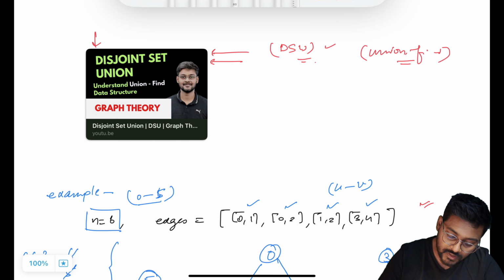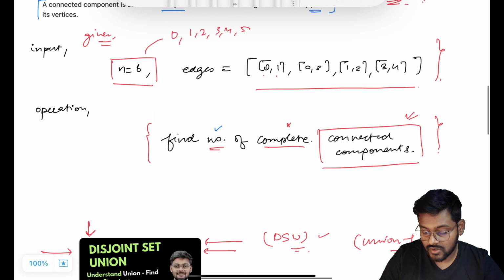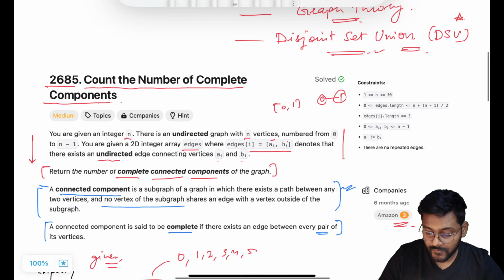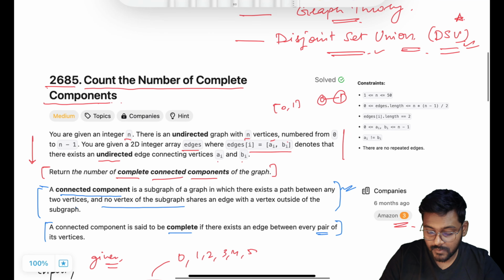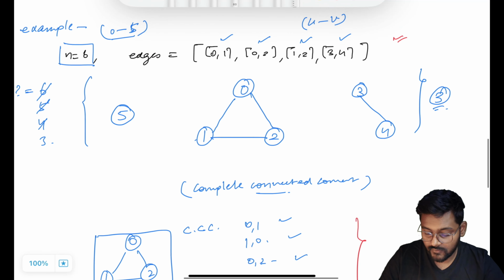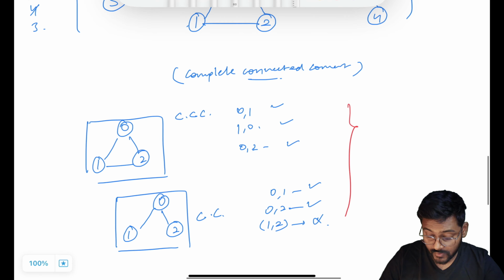On this concept, I have prepared a dedicated video, and you should go and watch it, because solving a question doesn't matter, you should know the concept in great detail. So just cover this concept if you are not very confident about it, otherwise just move ahead with the solution. Now, how do we figure out the number of connected components?